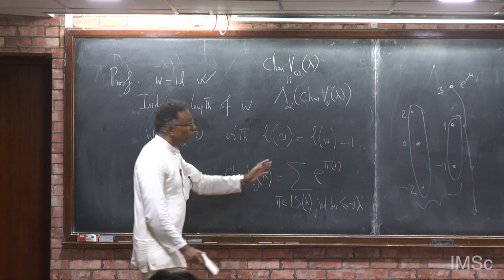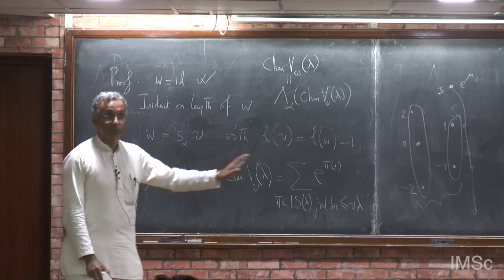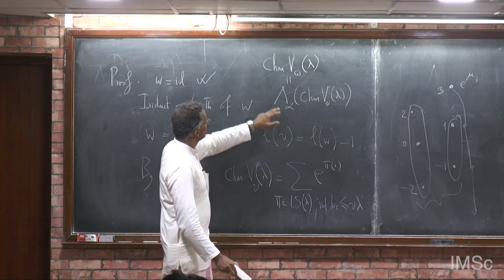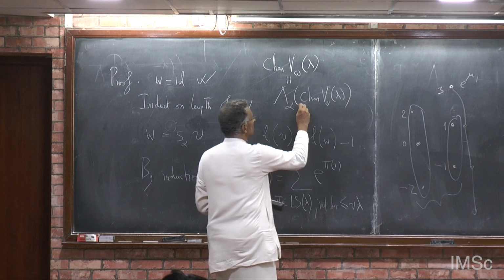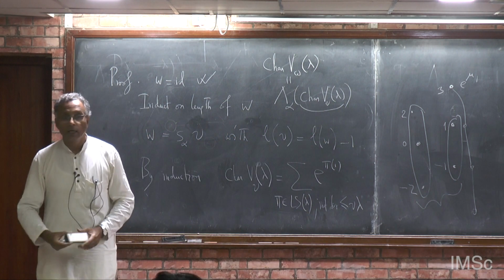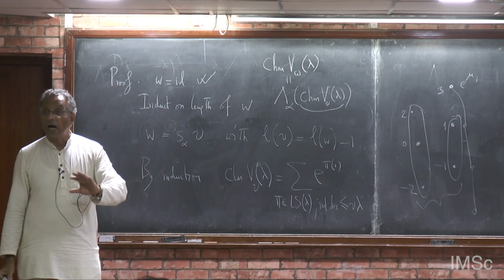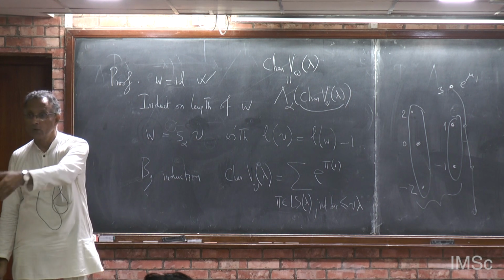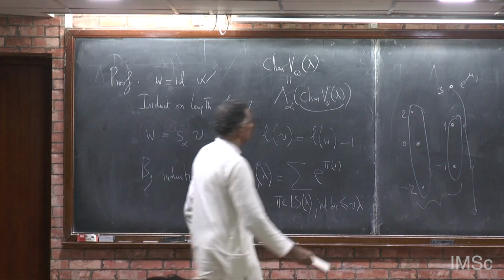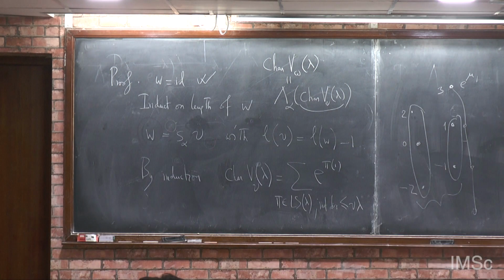Okay. Now, here is where the point comes in. So I have to analyze what happens. If you think about the picture of this, you have to think of the alpha weights of the vectors that you see there. And that picture, I claim, will look like this, in the sense that, remember, it's a B module.